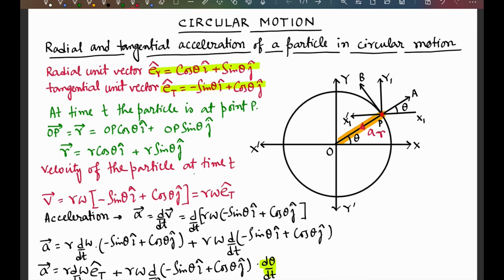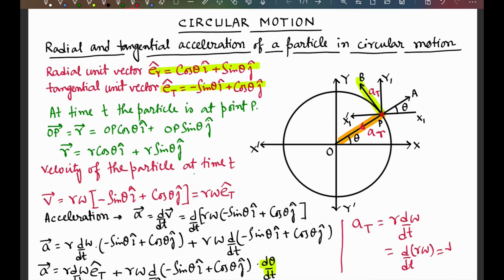And another part is the tangential part. This is along P to B, the acceleration here. This is a_t. So we can write here that a_t, this is R d/dt of omega, which we can write as d/dt of R omega.